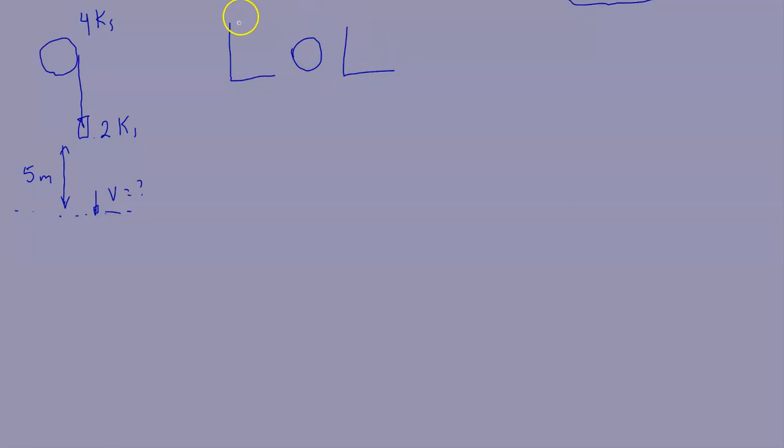All right, so here's the idea. We're going to use energy. Using energy is a much easier method. To start off, this mass that falls has a certain amount of potential energy. And when it hits the ground, it's going to have some kinetic energy. In addition, that pulley will be spinning, and that pulley will have some rotational energy.